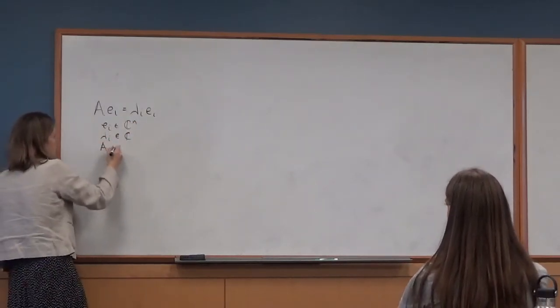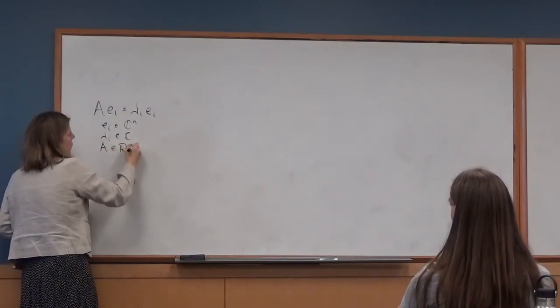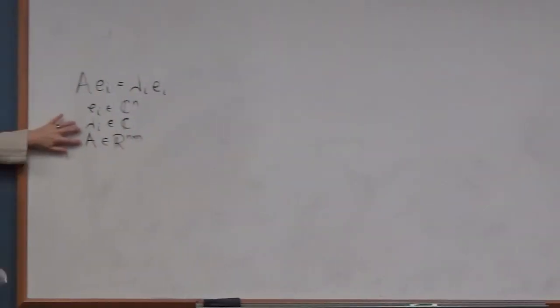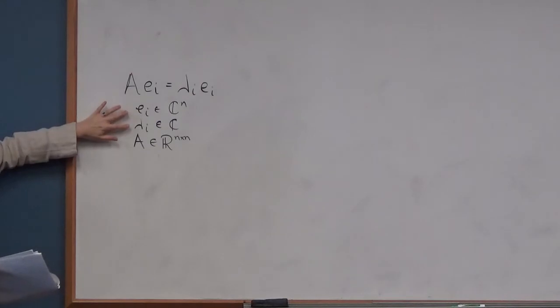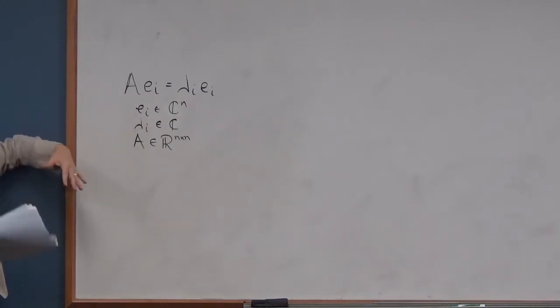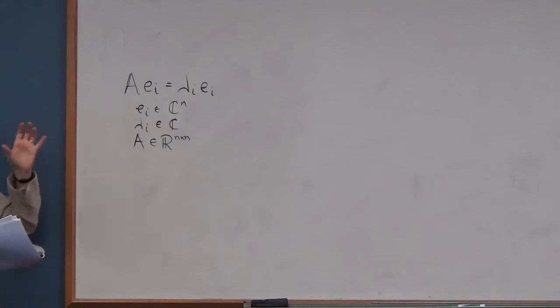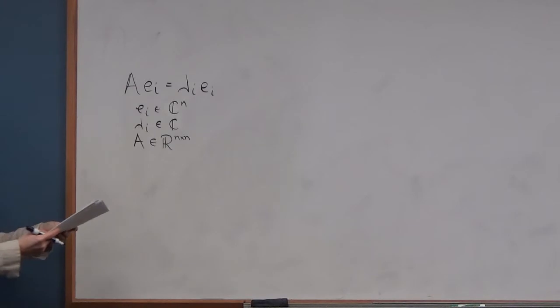Even for real matrices we could have complex eigenvalues and eigenvectors, but if A is real and has a complex eigenvalue-eigenvector pair, then another eigenvalue-eigenvector pair must be the complex conjugate of those in order that A is a real matrix. So complex eigenvalues and eigenvectors occur in complex conjugate pairs.